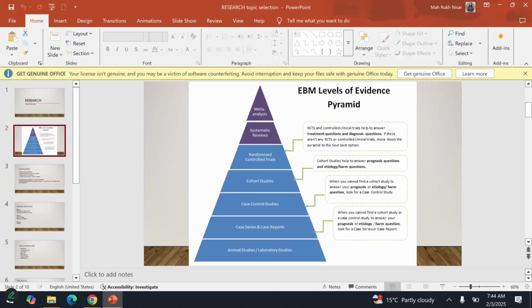So if you have to research the literature about a certain disease, you first have to look at the systematic reviews and meta-analyses, and if you don't find anything, then you can keep coming down. So this was a general overview of different studies.